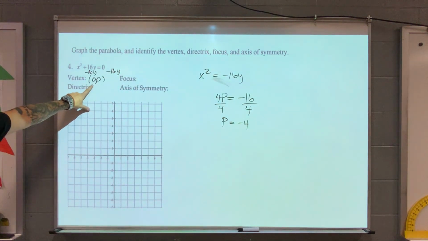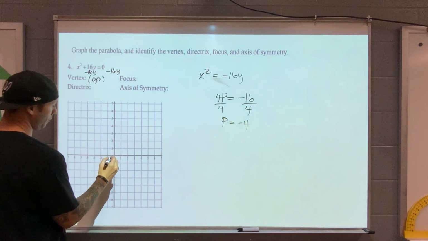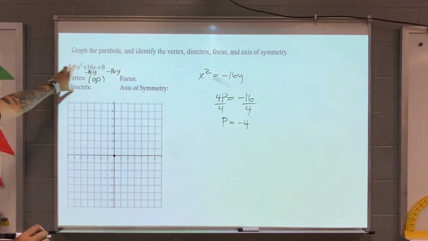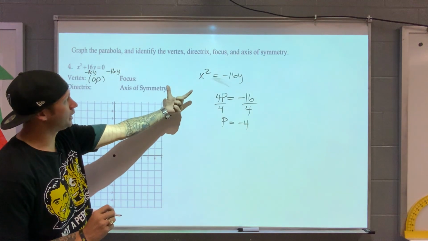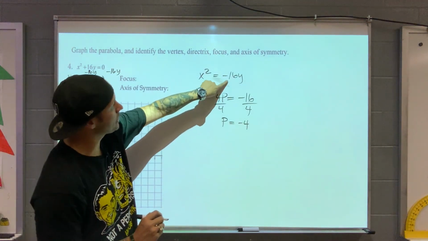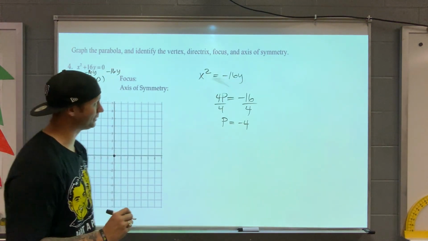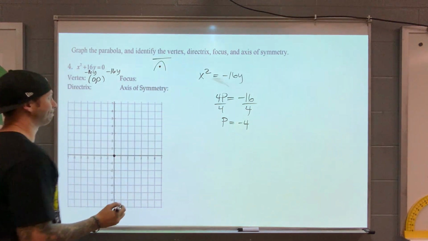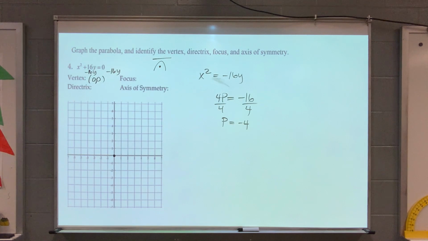Okay. The vertex is at (0, 0). X has the square, so it opens up or down. This is negative, so it opens down. So it's going to look something like that. That's what we should expect.